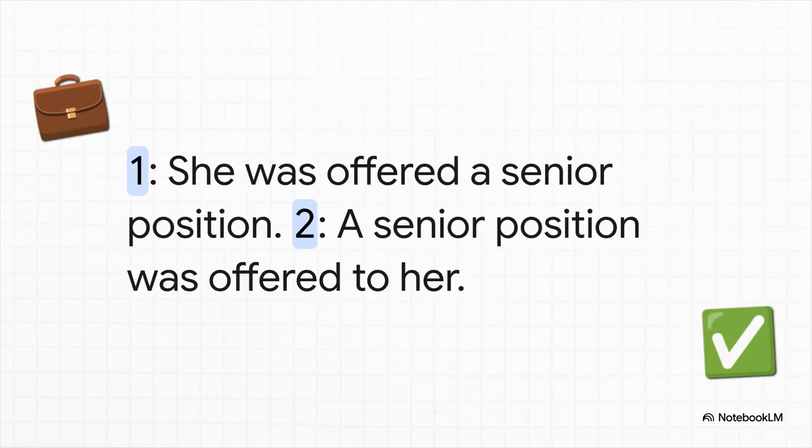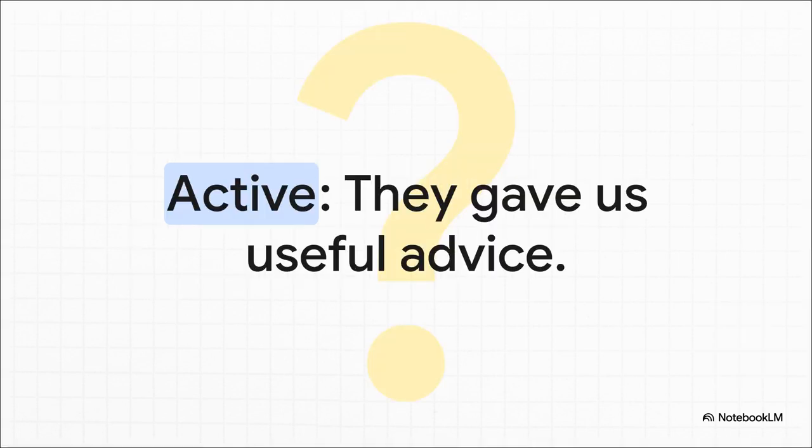If you chose "she was offered a senior position" for the natural Type 1 and "a senior position was offered to her" for Type 2, you absolutely nailed it. Notice how in Type 2 we correctly remembered to add that tricky preposition "to." Let's try another one. Active: they gave us useful advice.